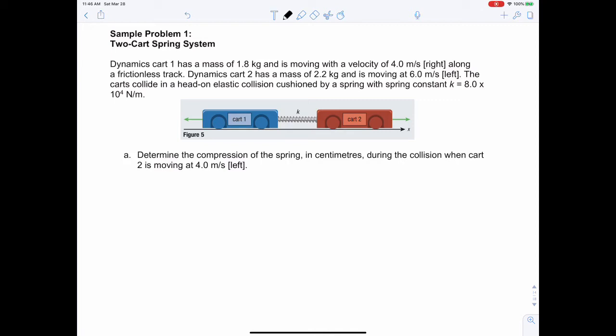The carts collide in a head-on collision cushioned by a spring with a spring constant, k equals 8 times 10 to the power of 4 newtons per meter. In part A, they want us to determine the compression of the spring in centimeters during the collision when cart 2 is moving 4 meters per second left.